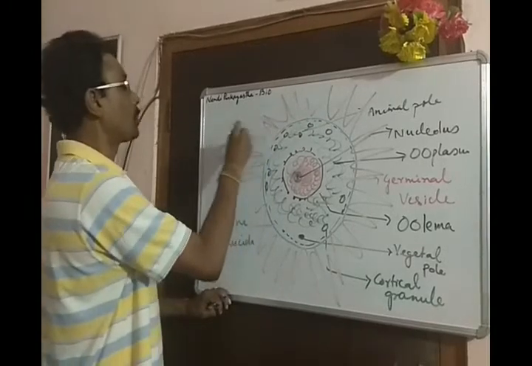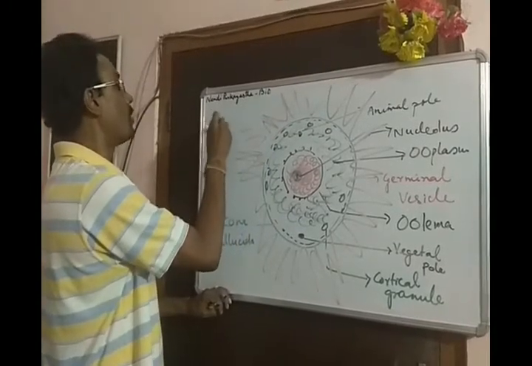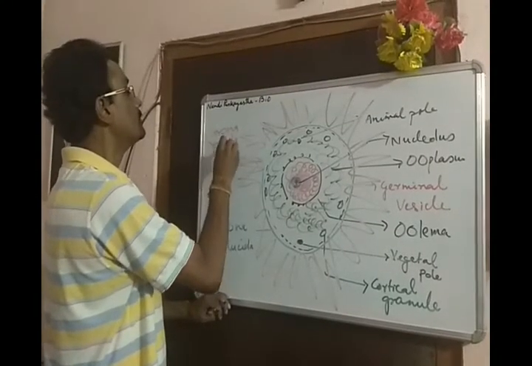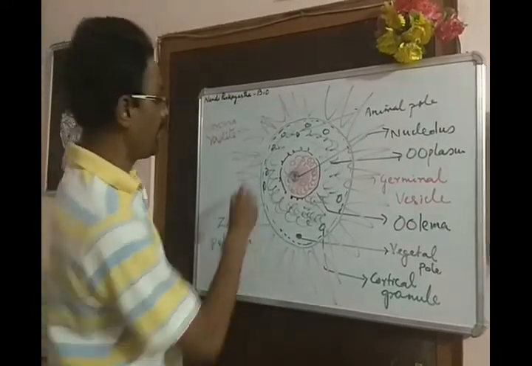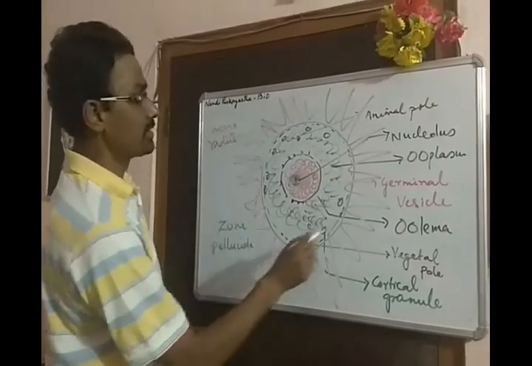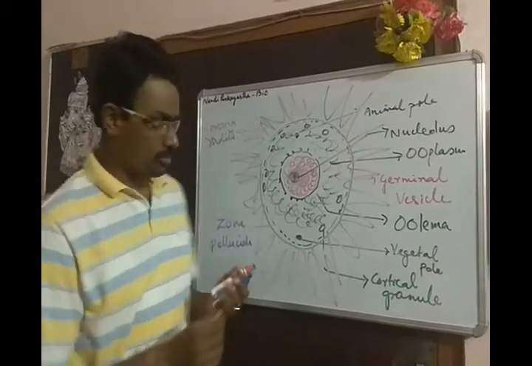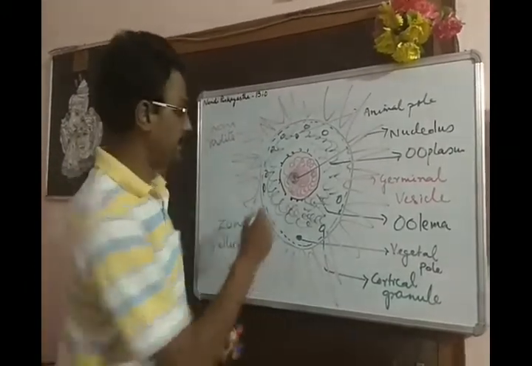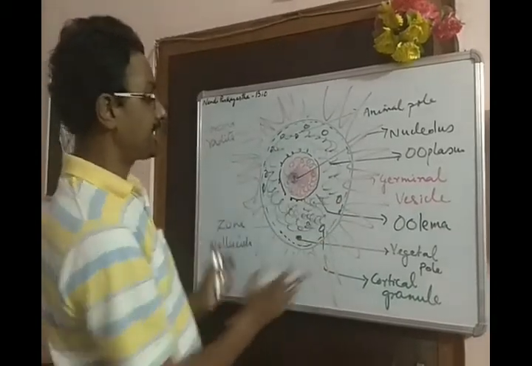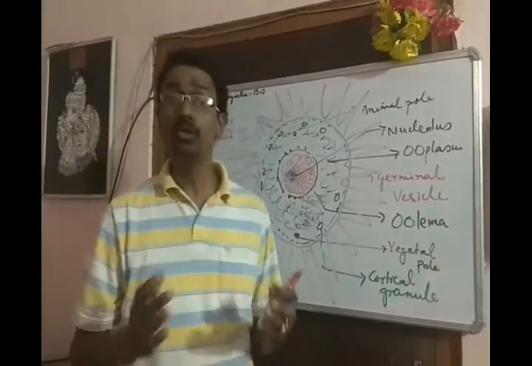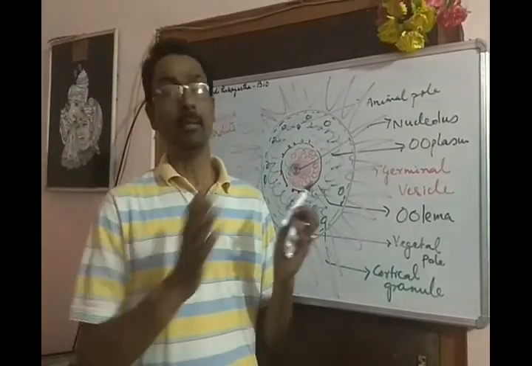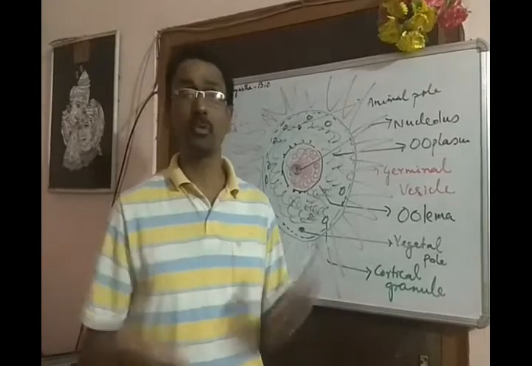So these are called corona radiata, C-O-R-O-N-A. Okay? So these are the radiating arms that you are finding here. So what you found here, these are the cytoplasm here. This is called ooplasm. This is the structure of our egg, which we need to know. Then the process of gametogenesis, that is the oogenesis, becomes complete.